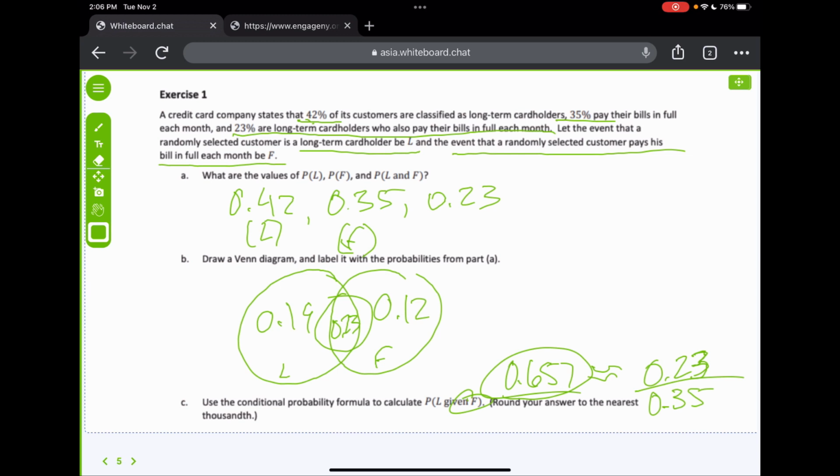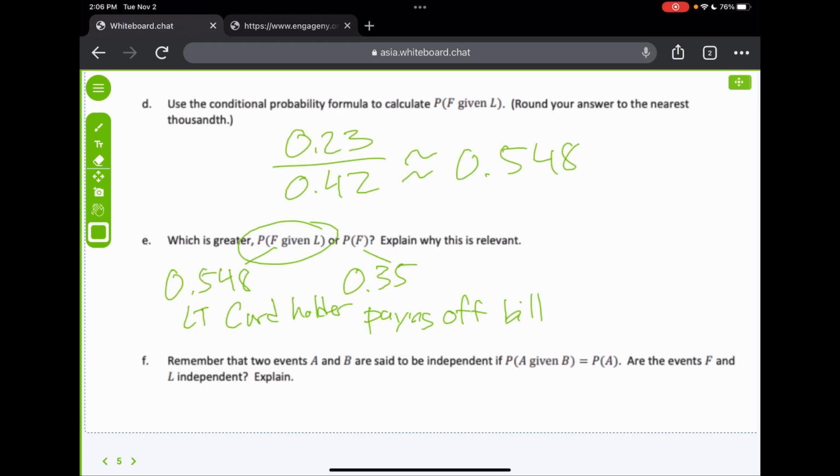So if they are a long-term cardholder, they're more likely to pay off their bill each month than just any randomly selected person. So you want to keep long-term cardholders because they're more likely to pay off their bill. Or you don't. Depends on if you want to draw that interest and make money off of them.